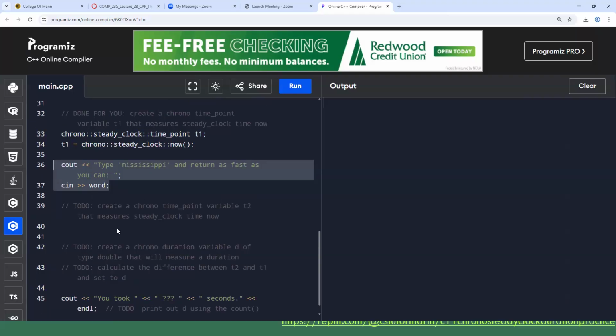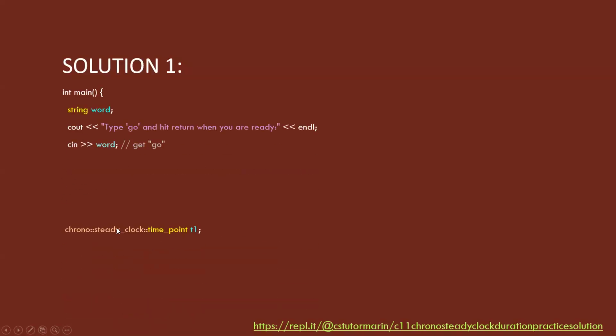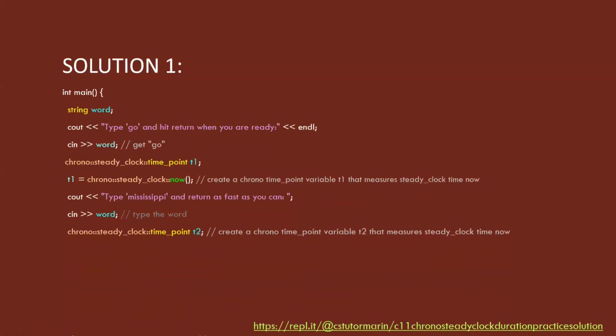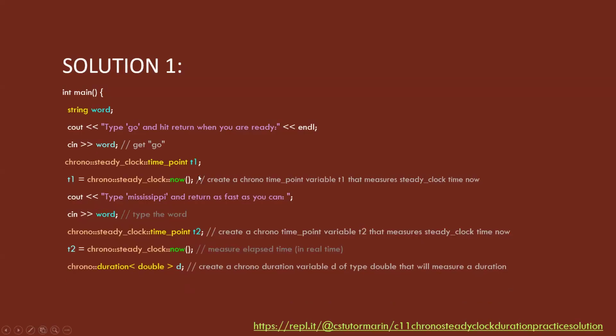Let me give you the code for that so we can keep going at a reasonable pace. So see if you can create your T2 at the bottom, set it to steady clock now. Get your duration and do the subtraction on those two things.